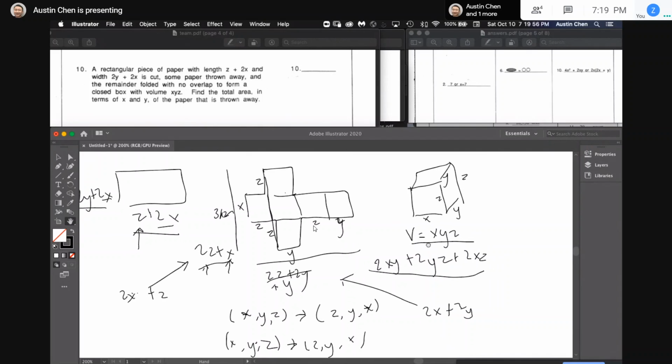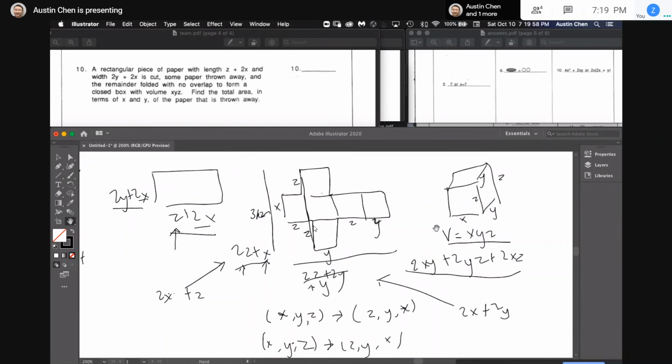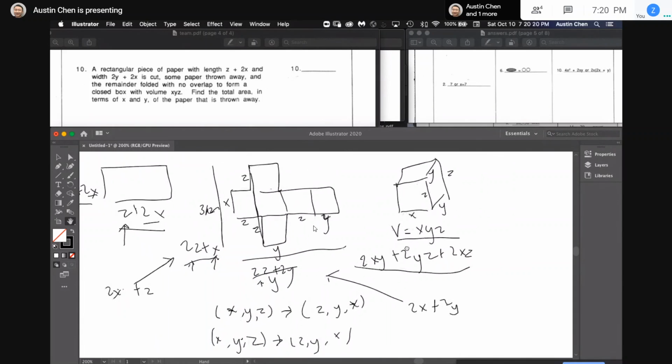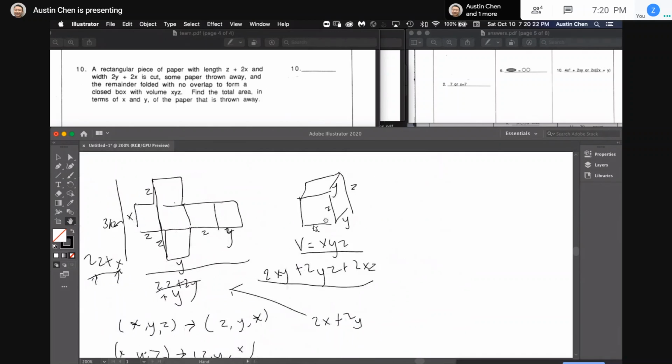The area of our remainder part is going to be the area of our starting rectangle minus the surface area of this box, which is this.